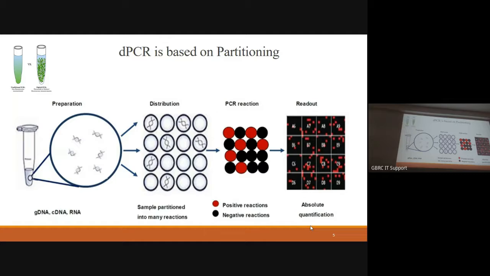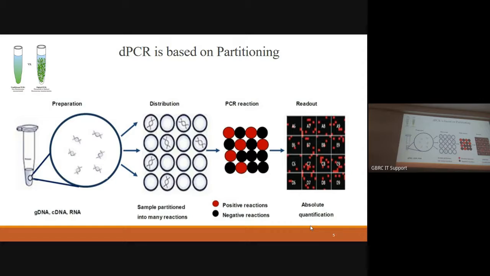So mainly, how does digital PCR work? All the phenomenon of how the digital PCR works is based on partitioning. Partitioning can be done in any way, through droplet generation, through a channel, or any other way. Firstly, you prepare your sample. It can be genomic DNA, RNA, or your cDNA, and then partitioning of your sample will happen in different manners. Like if you are using a 26,000 partition well plate, then it will be partitioned into 26,000.